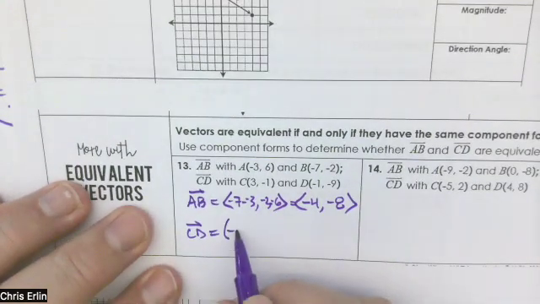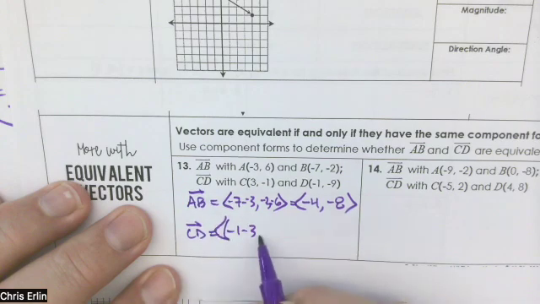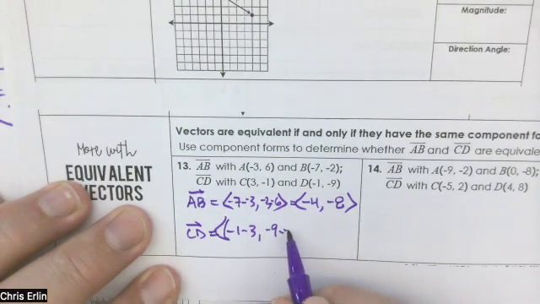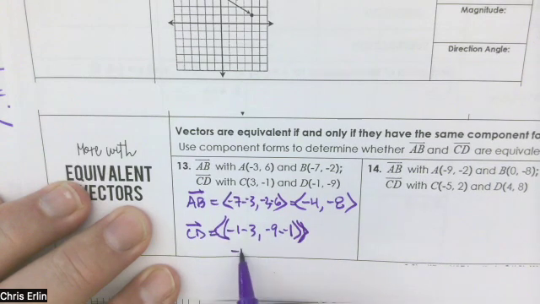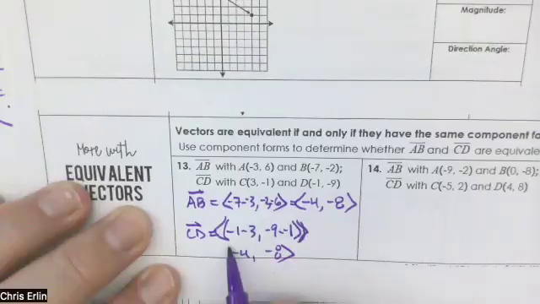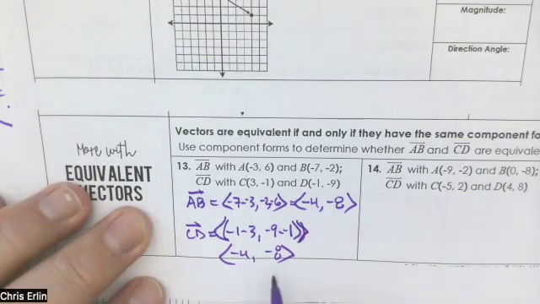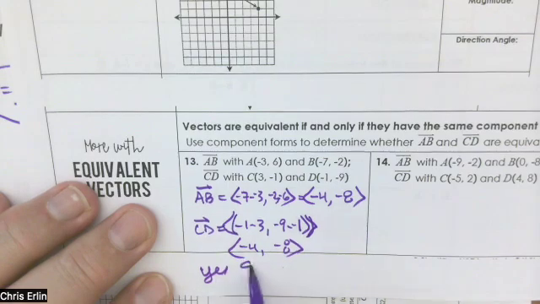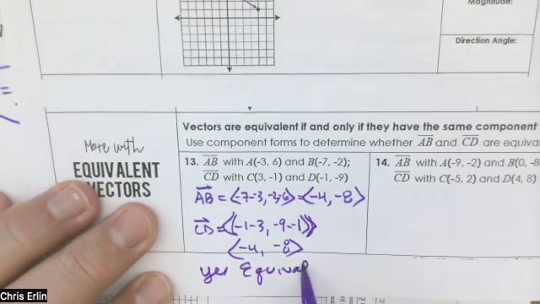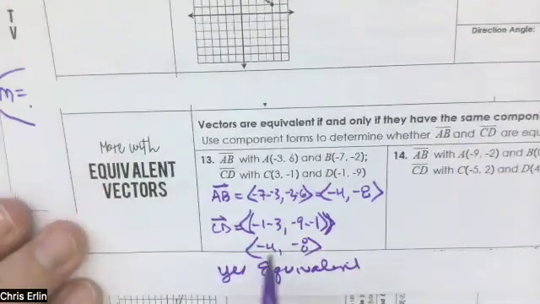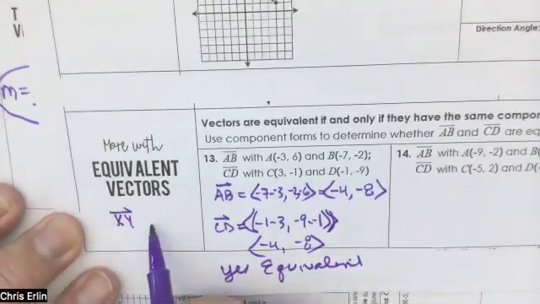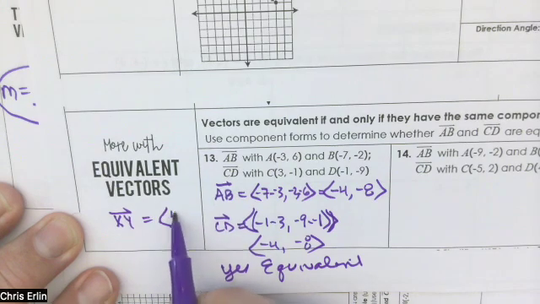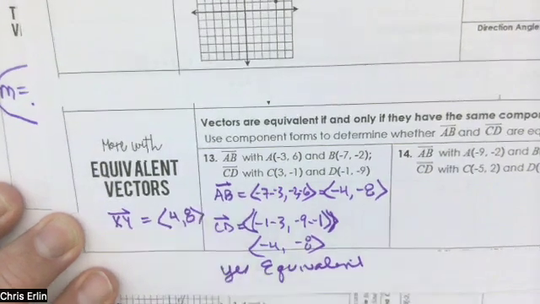But let's see, if we do -1 minus 3, comma, -9 minus -1, this is -4, this is -8. What do you know? So yes, equivalent. What if I had a third one like XY and it was 4, comma 8?